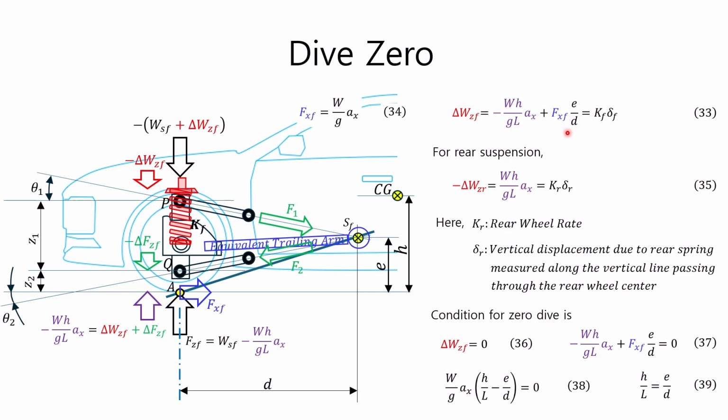Since the braking force, Fxf, can be expressed by equation 34, substituting Fxf from equation 34 into equation 37 and rearranging yields equation 38. For equation 38 to hold, the expression inside the parentheses must be zero, so we can obtain equation 39, which represents the conditions for the dive to be zero.